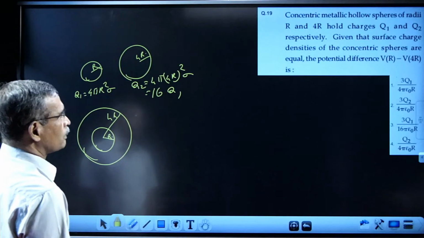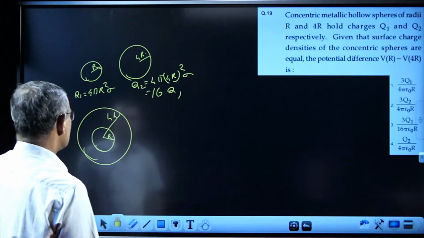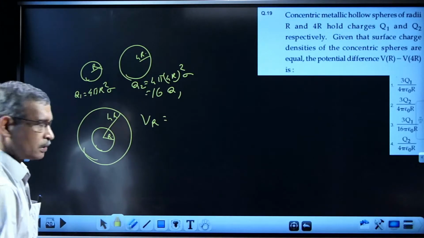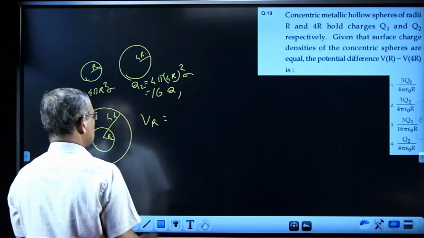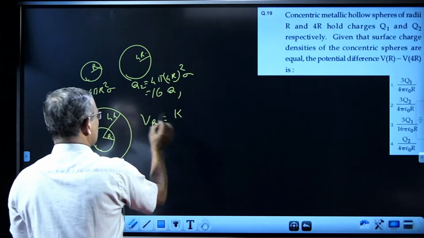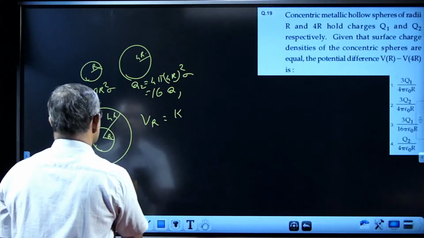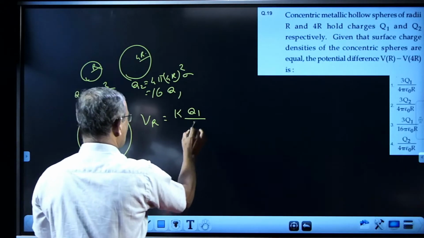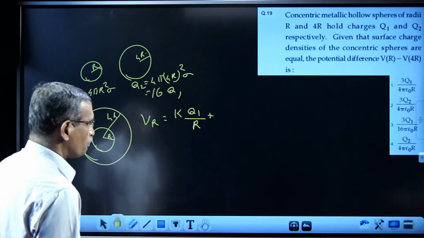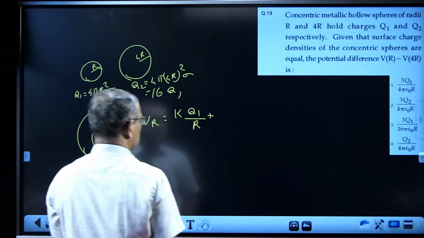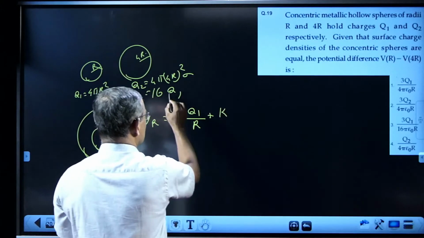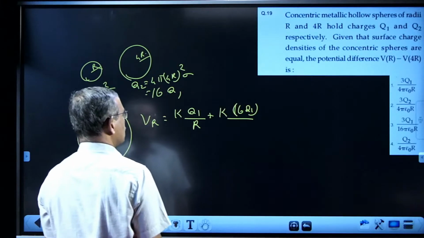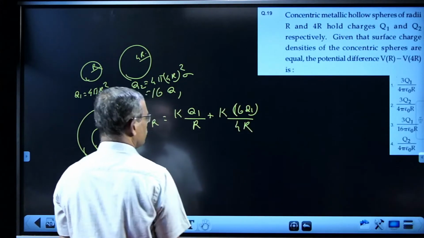Now we have to find V_R and V_4R. Here V_R is given by its own potential. The potential on the surface of a sphere is K times the charge of the inner one, Q1, by its radius R, plus the potential due to the outer one, K Q2, which is 16 Q1, by its radius 4R.